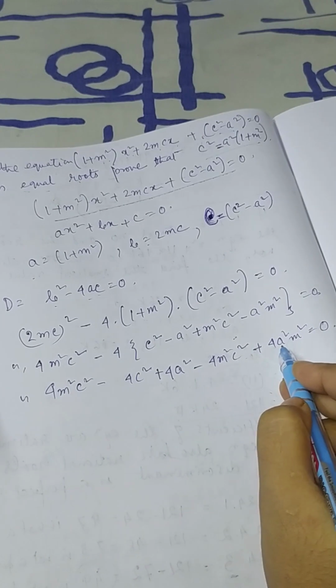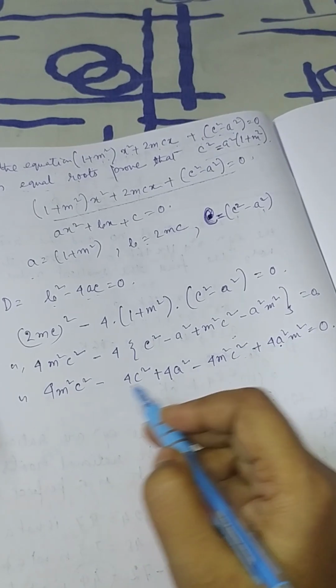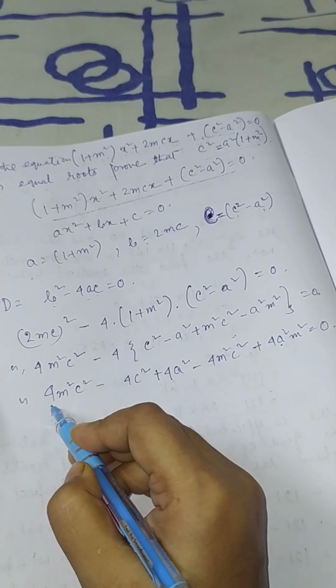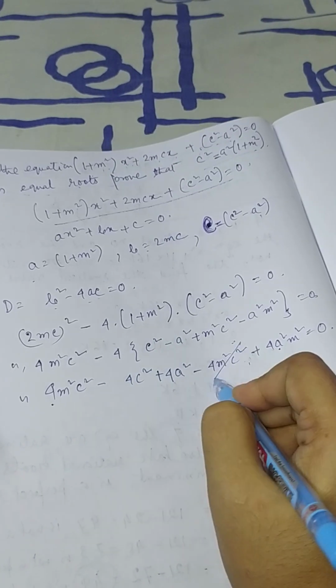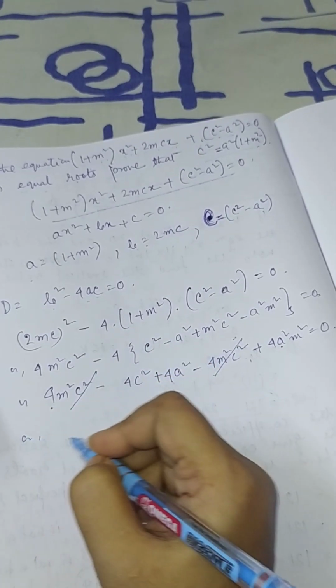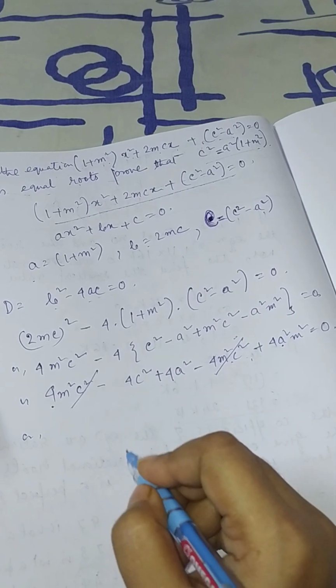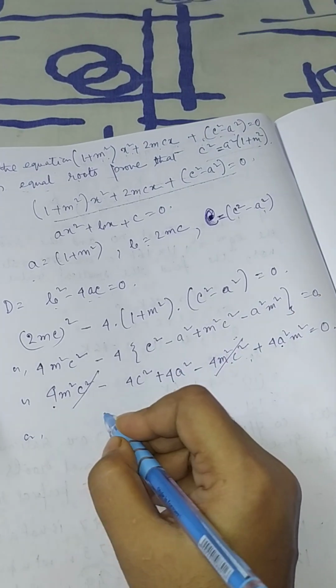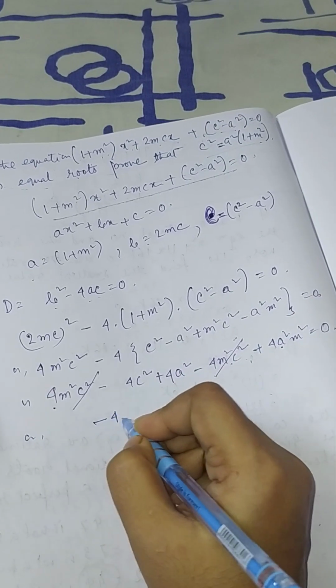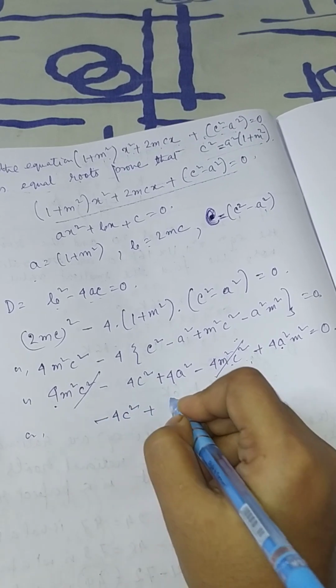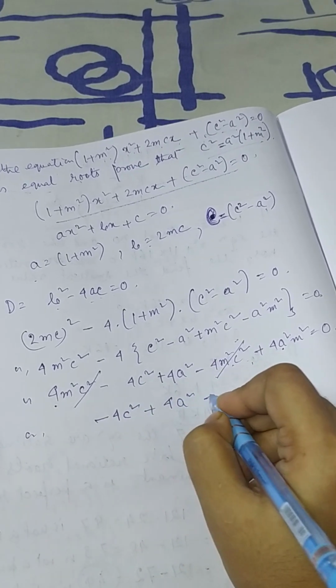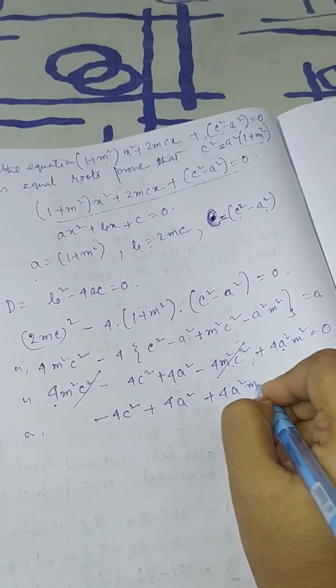Now look at this equation. I will get 4m square c square and minus 4m square c square, so it will be nullified, and I write 4c square minus 4c square plus 4a square plus 4a square m square.